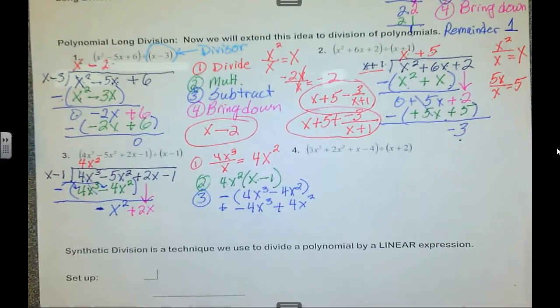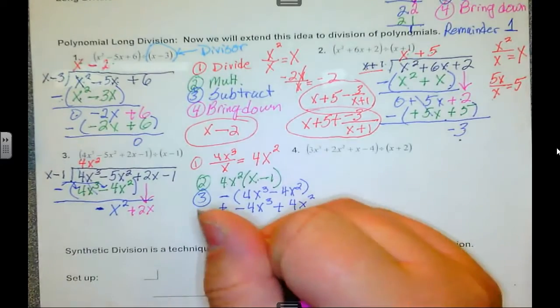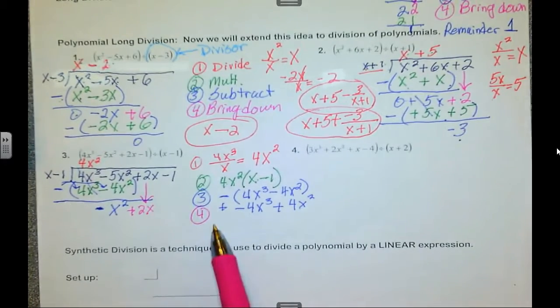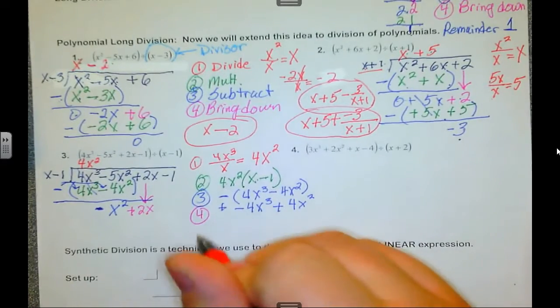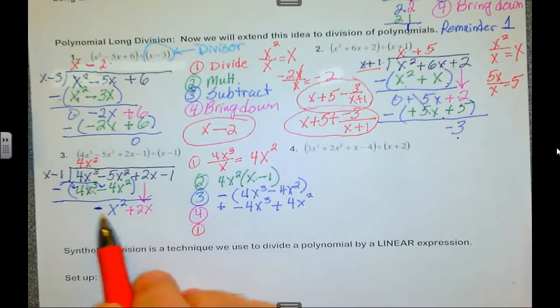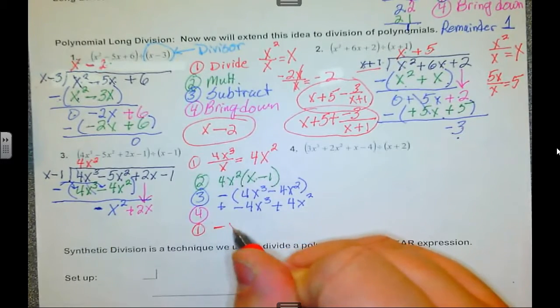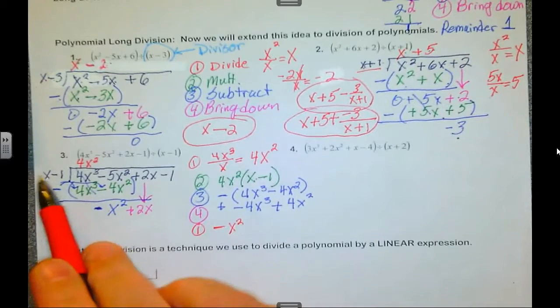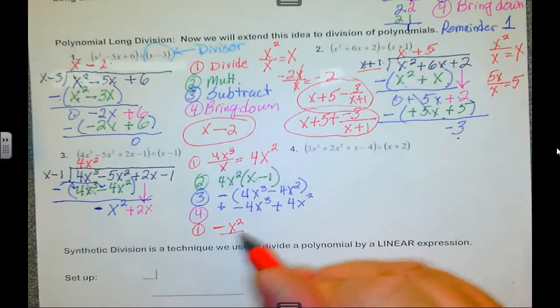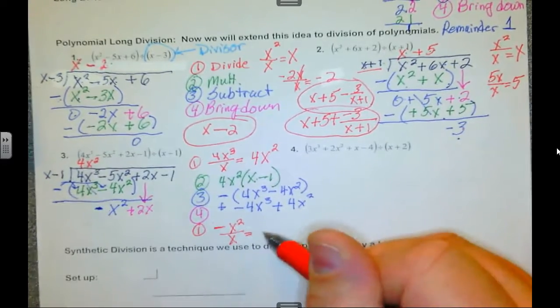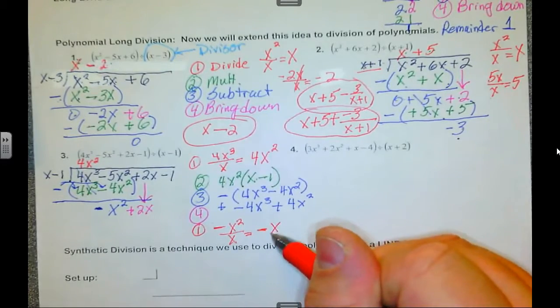Start the process over again. Okay. Divide. Let's see. Negative x squared divided by x. It's going to give me a negative x.